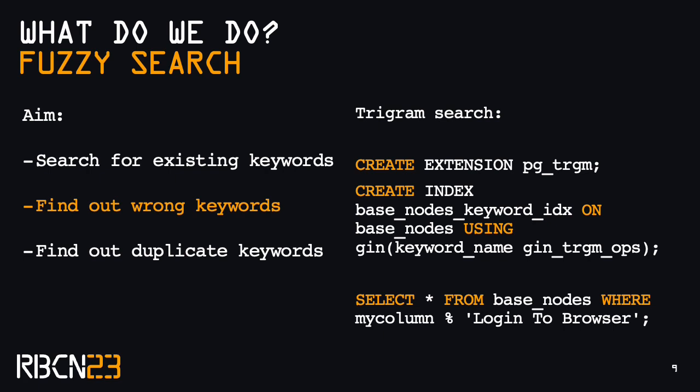And then find out in the base nodes, which means the table of the keywords, which keywords are actually similar to each other in naming.